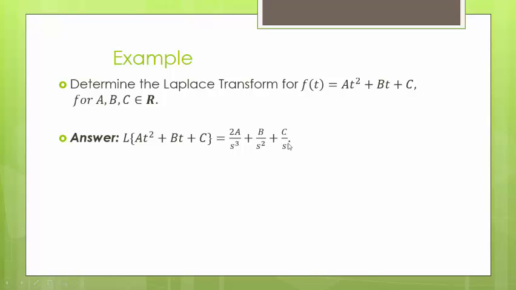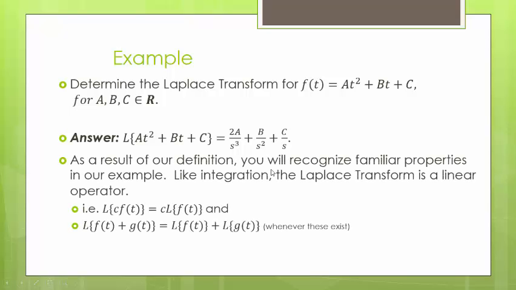C over s, so here, not necessarily the derivative rule, but I did not have a t, I'm sorry, so I've added 1, so c over s, so t to the 0, s to the 1. Those are some patterns. You could actually generalize this further, and we'll talk about that in a second.